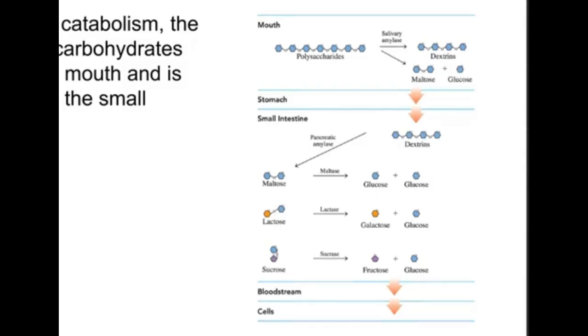So in your mouth, polysaccharides are broken down by salivary amylase into dextrins, maltose, and glucose. And then in the small intestine, dextrins are broken down by pancreatic amylase into maltose, and since you probably eat some dairy or drink some milk, there's lactose involved, and if you add sugar to your tea or coffee, sucrose is involved.